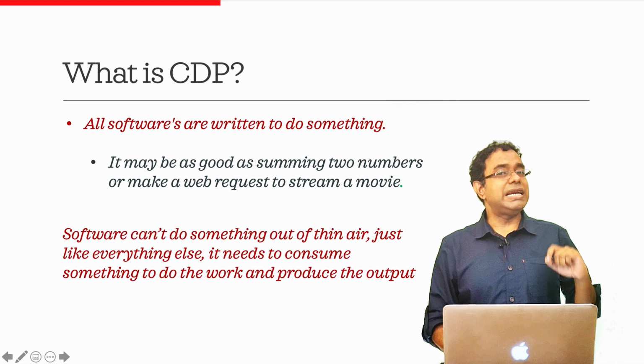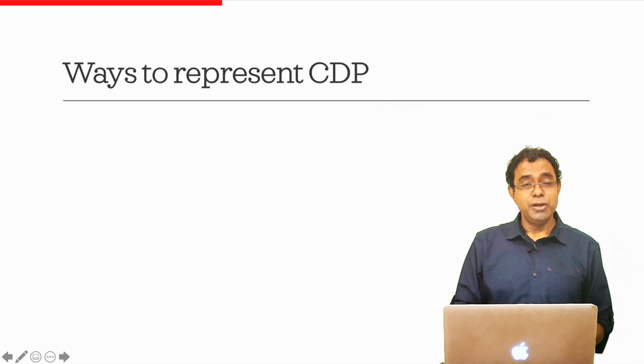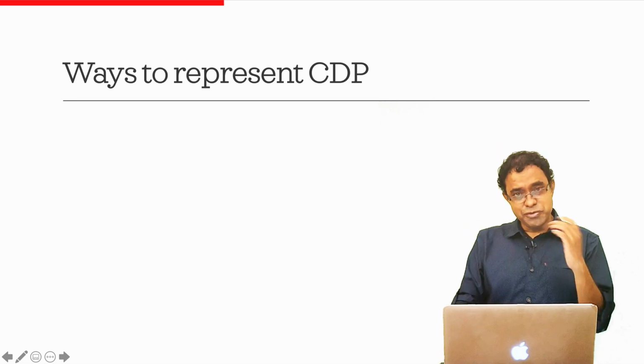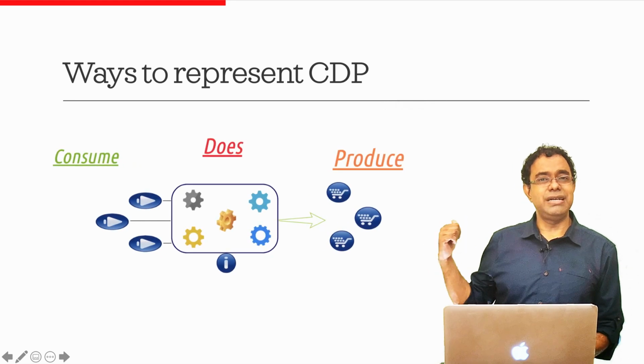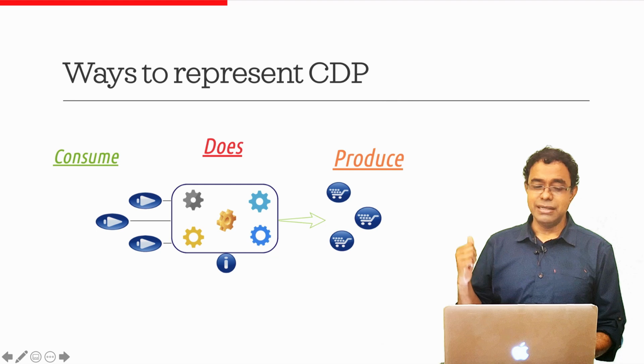Now let me tell you what the CDP model will look like. You might be thinking that it will again be a complicated visual model, right? No. Here is how it will look, and I will give you a moment to look at this picture.